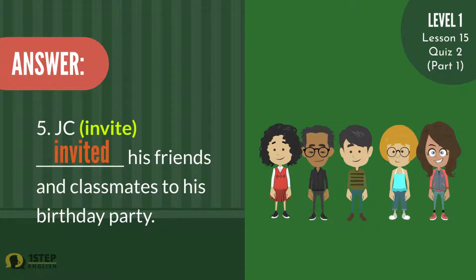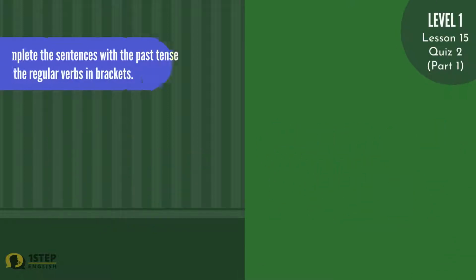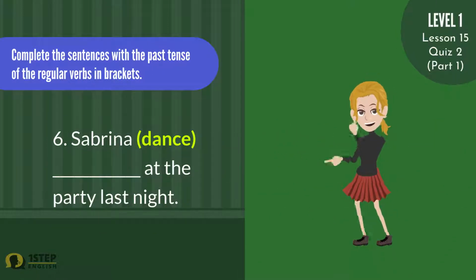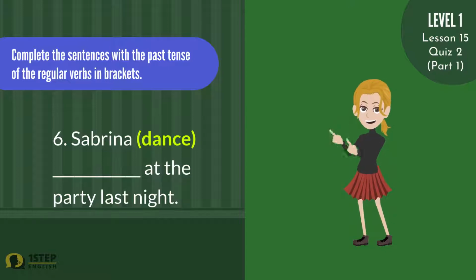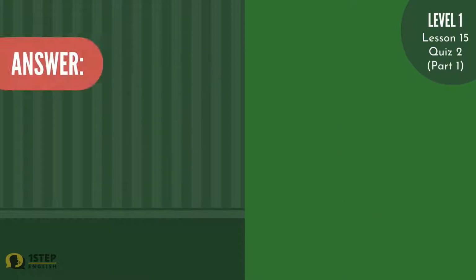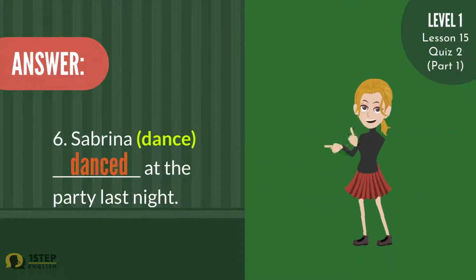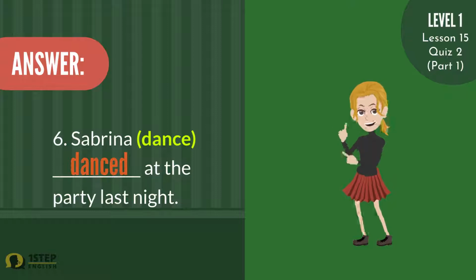Number 5. JC invited his friends and classmates to his birthday party. Number 6. Sabrina danced at the party last night.